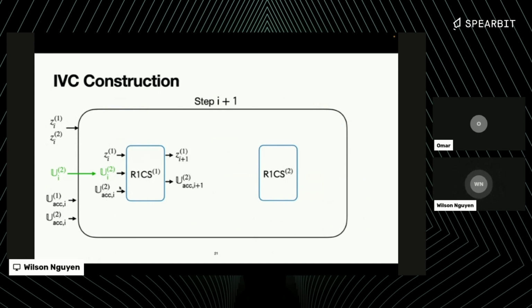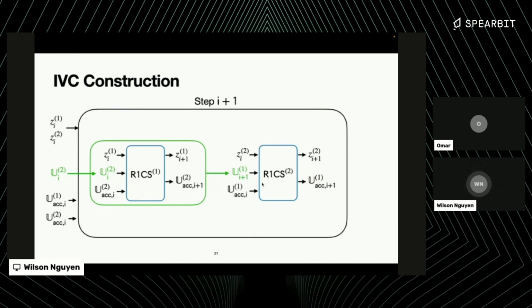And so we fold these together and we get this new accumulator for I+1 iterations. Now, the satisfaction of this constraint system, we can represent as another strict instance. And this gets folded with the accumulator that we got in as input for the step. And so now we have an accumulator for I+1 steps.